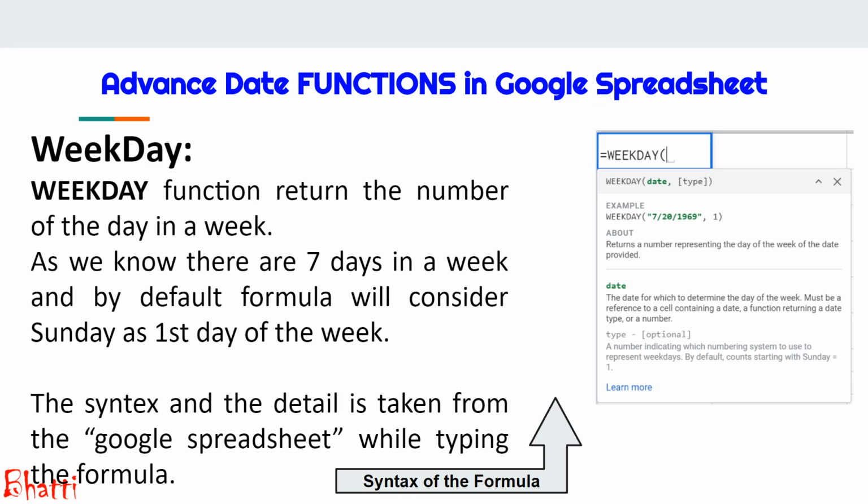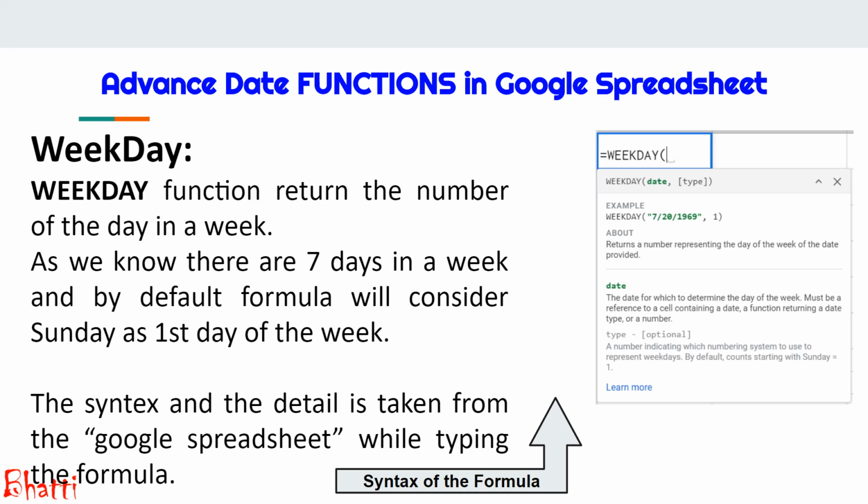The first function I would like to explain today is weekday. As you know, we have weekdays: Saturday, Sunday, Monday, Tuesday, Wednesday, Thursday and Friday. So every weekday has a number. If I want to know the number of the weekday, then I will use this formula to extract the number.